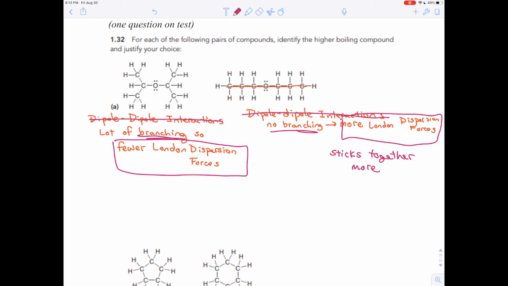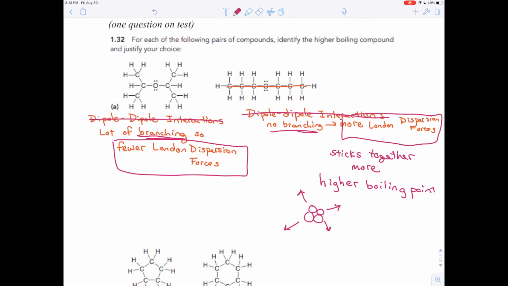If they stick together more, it's harder to rip them apart, which is what boiling is. So you'd have to have a higher temperature, a higher boiling point, before the liquid molecules, which are all stuck together, get ripped apart. It'd be harder to rip them apart because they're sticking together with all of these London dispersion forces.